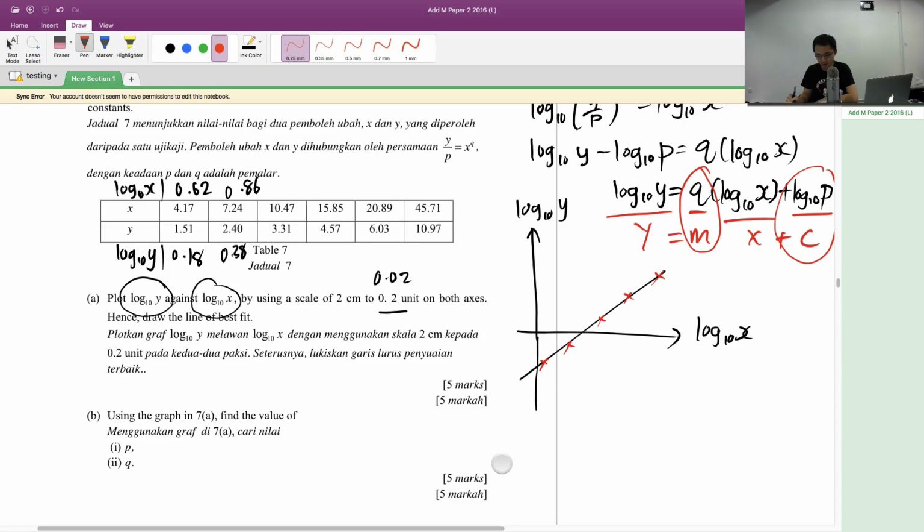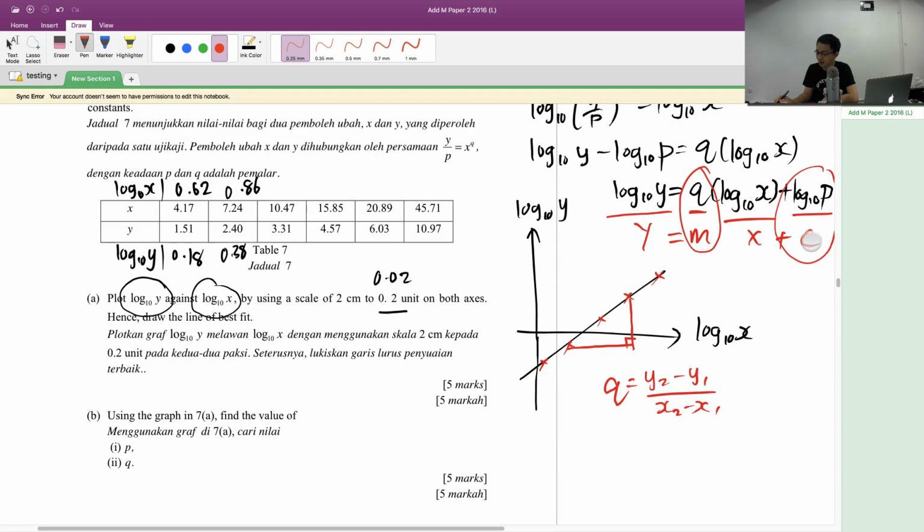Alright, so then after you draw the line of best fit, you can find q easily. For q, you take 2 coordinates on the line and use the gradient formula, y2 minus y1 over x2 minus x1. Definitely this is not your m, this is q. It's your gradient.